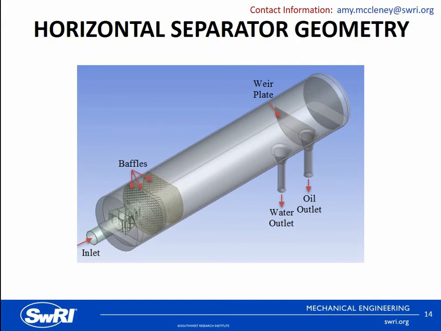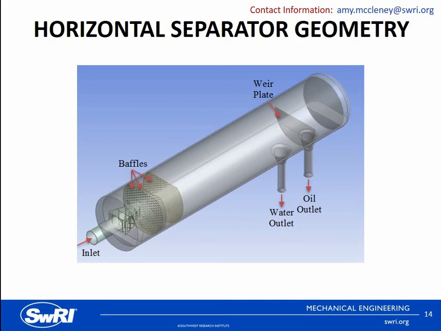This is the horizontal gravity separator that we used for these CFD simulations. This is a solid three-dimensional model of the horizontal separator that was generated in SOLIDWORKS. This separator has a length to diameter ratio of approximately 5. How this works is an oil-water mixture first enters the separator through a vane diffuser, which breaks up the inlet fluid stream momentum and distributes the flow across the vessel. The combined fluids then encounter 3 successive baffle plates, which act as flow conditioners.